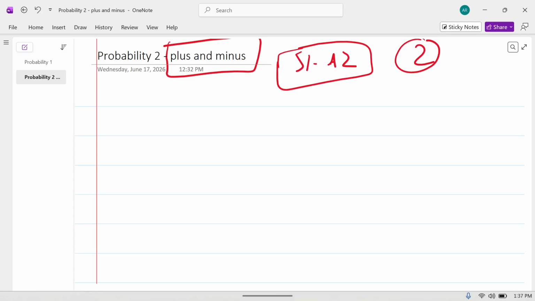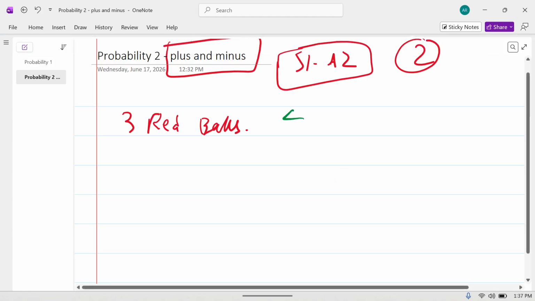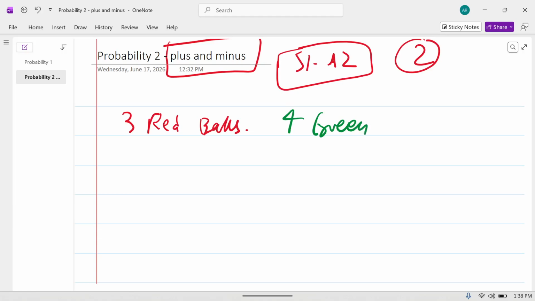Now look. Let's say, let me give you the example of three red balls, right? And just so that I can flex that I have got a stylus, I'm going to change colors now. And four green balls, okay?